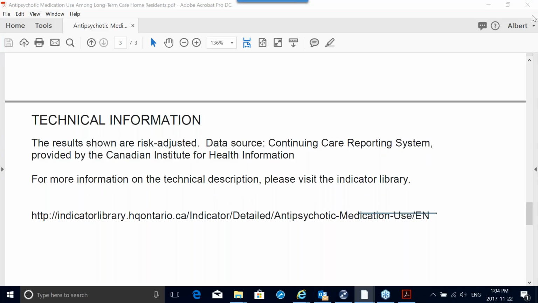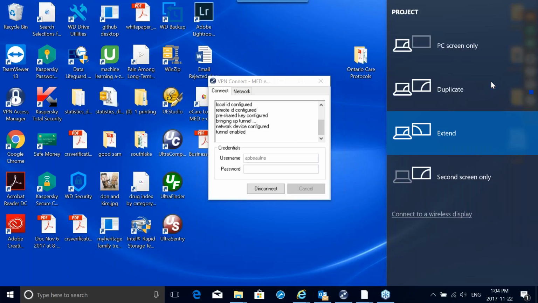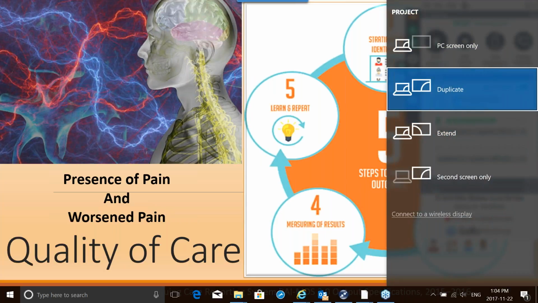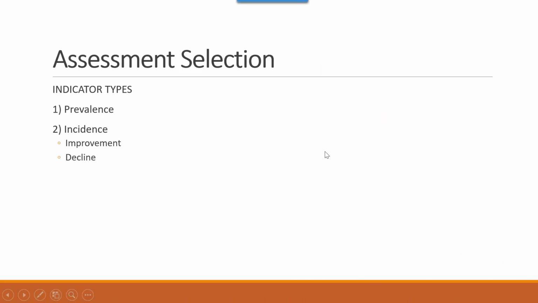I'm having a little bit of trouble with the navigation part. There we go. Okay. Sorry about that. Now we are ready to start.